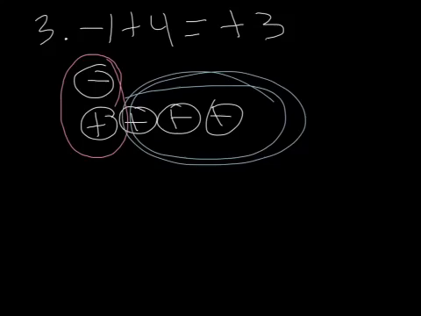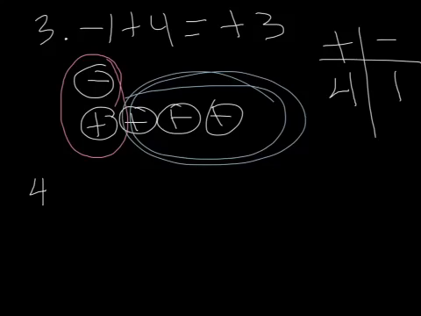You can also do scoreboards. The positives scored 4, the negatives scored 1. The positives won by 3. Not hard.